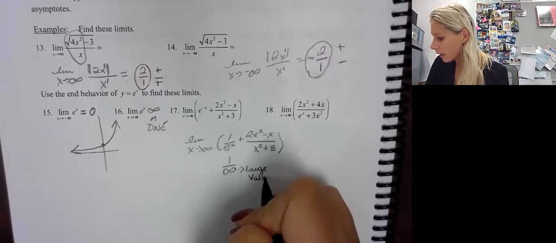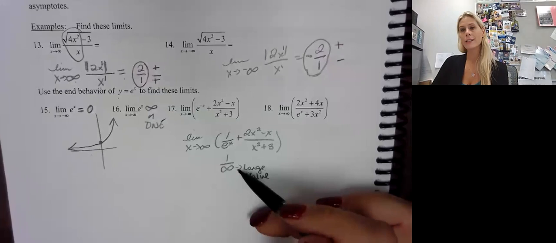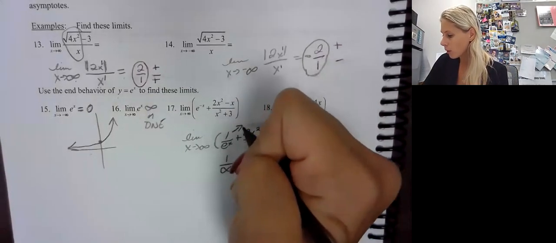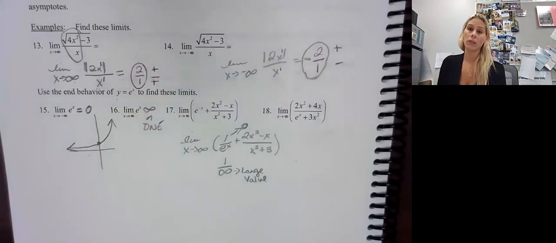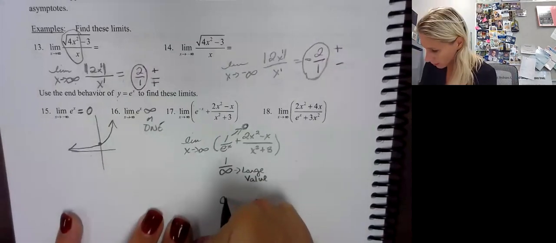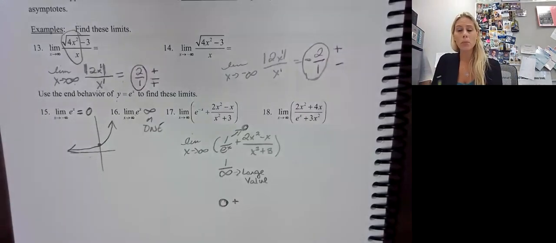So as the denominator is getting larger and larger and larger, the fraction is actually going to 0. This is a nice fact to remember. So for this first part, 1 over e to the x, as x approaches infinity, goes to 0.